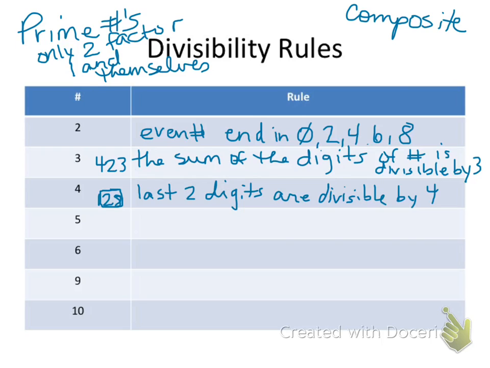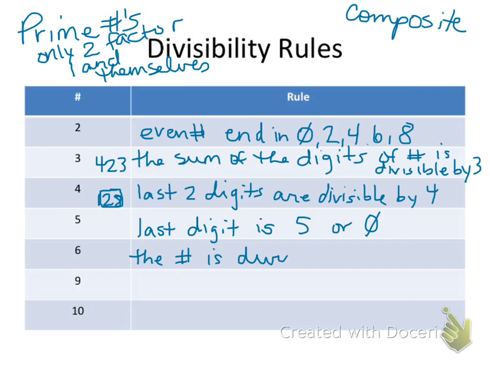Divisible by 5: the last digit is 5 or 0. If it's divisible by 6, the number is divisible by both 2 and 3.